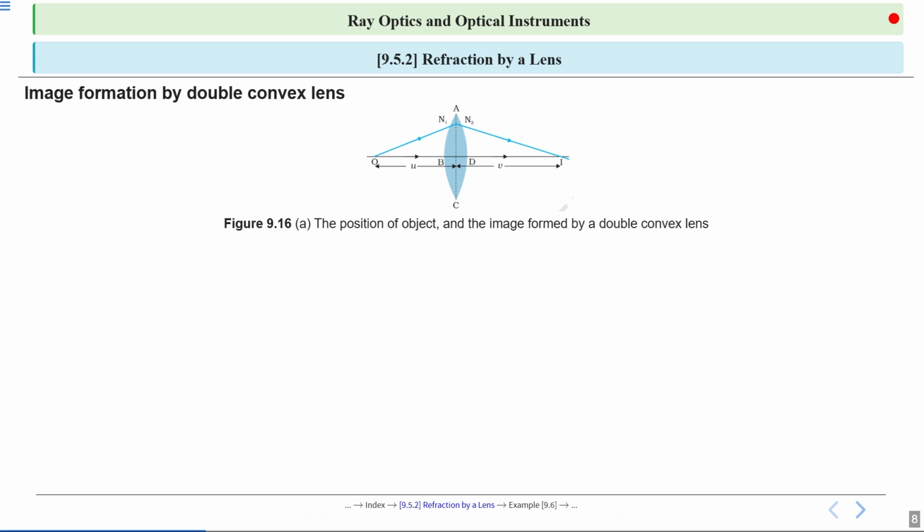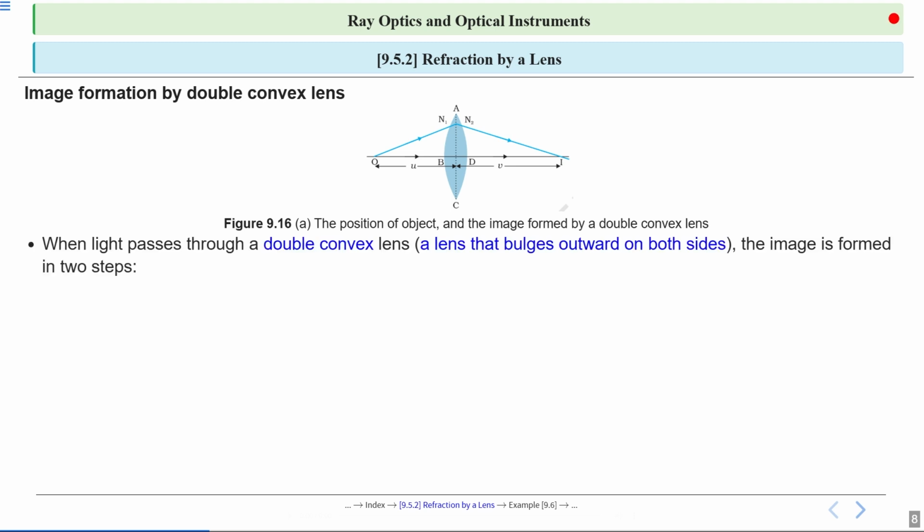Both the surfaces are convex. The intersection point of the principal axis and the bisector AC, you can see the AC bisector dashed line and the principal axis, the intersection of both these lines is called the optical center. That is the center of the lens.